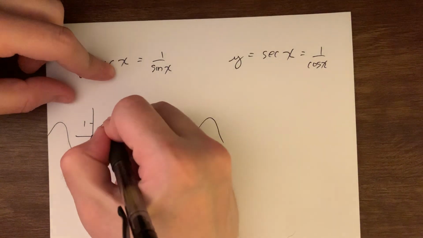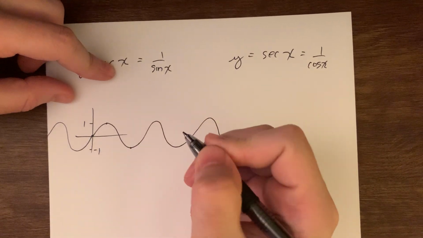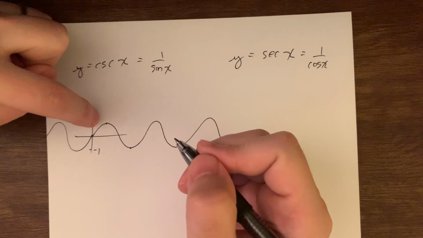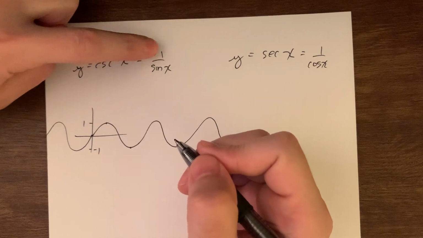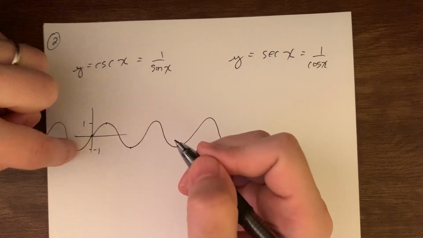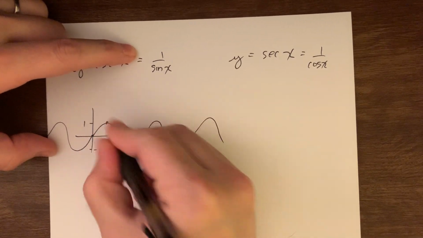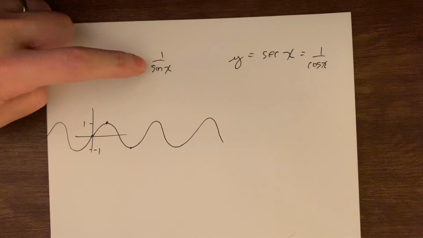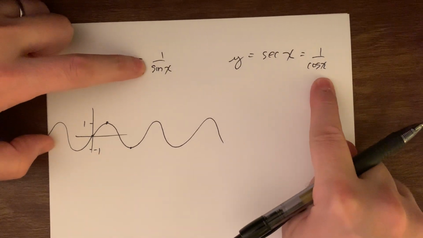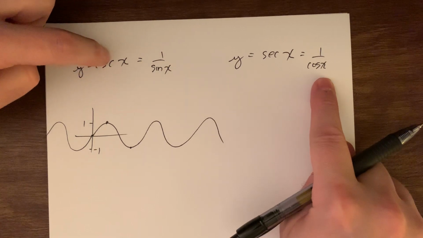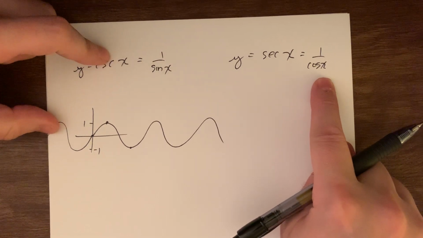Well, let's focus on a few things. What happens at the peaks and the valleys when you do 1 over this? Well, 1 over +1 is still +1. And 1 over -1 is still -1. So these points, the extreme highs and lows that we identified on the sine, and we'll see in a moment on the cosine, will still be highs and lows on the new graph. But it's everything else.